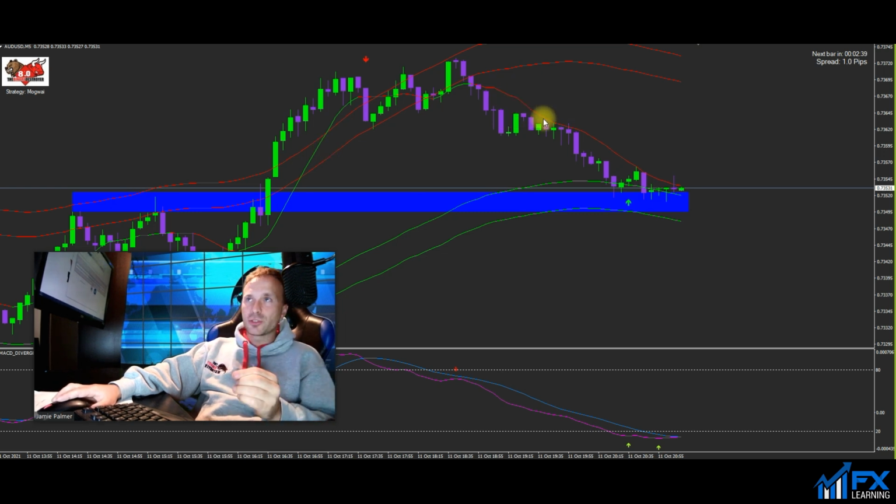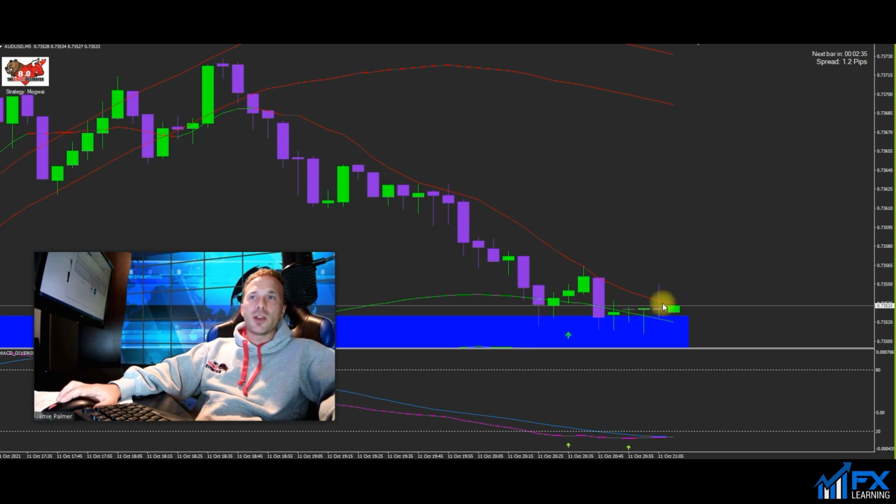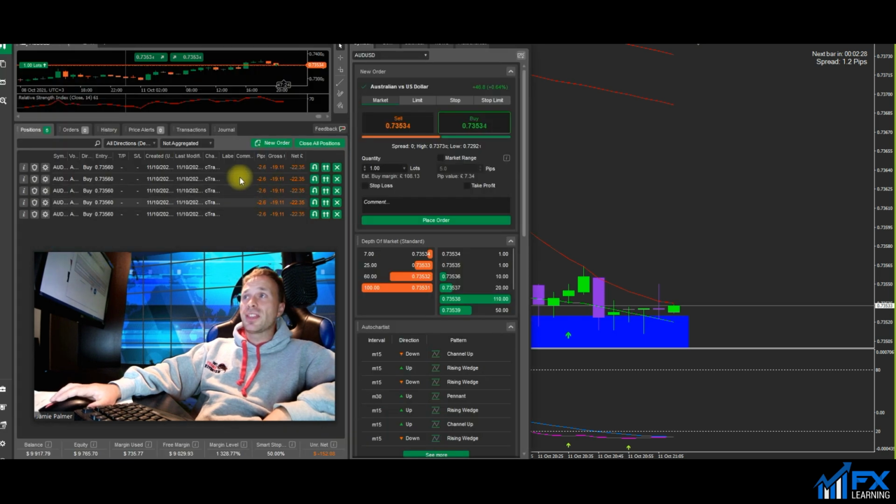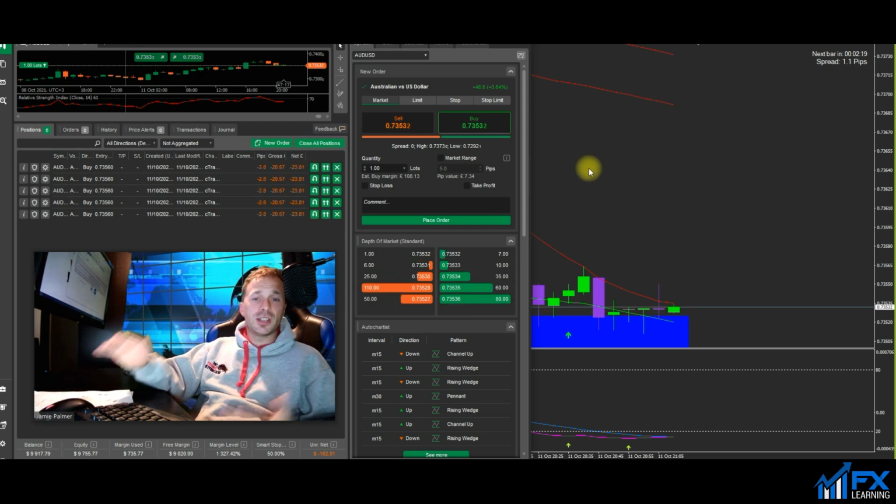When it's a downtrend, the TCA line is red. So what I'm looking for now is that TCA line to turn green to confirm, yes, Jamie, this is going to be a trade with the trend. That is pretty much it. And that's why I've taken an Aussie US dollar trade with the Mogwai strategy with the trend.